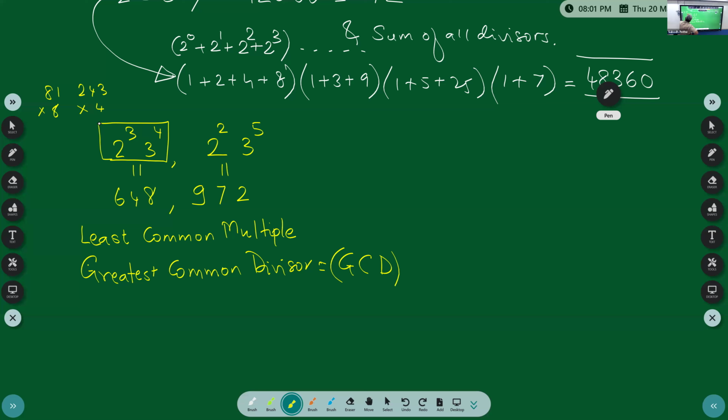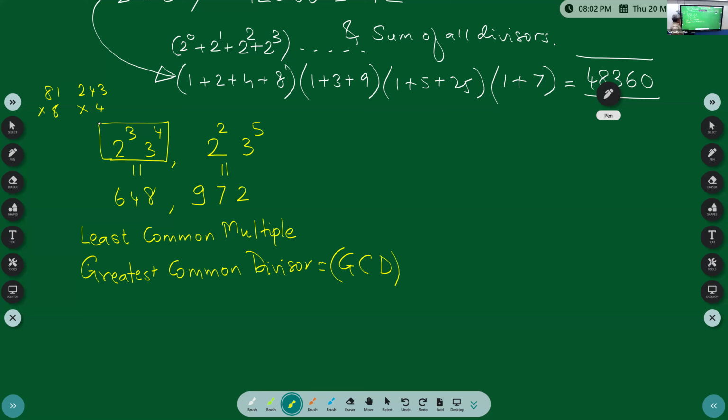Then there will be a list of this. There will be a list of this. Because of 3 raised to 5, there will be few divisors which will not be present here. Because of 2 raised to 3, there will be few divisors of 648 which will not be present here.